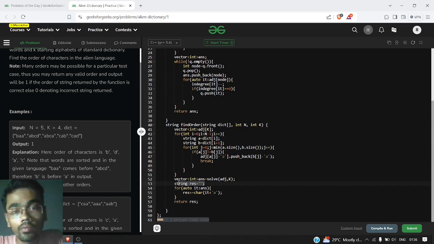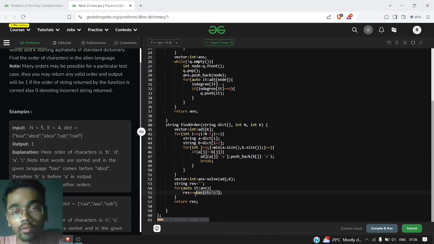So we can create a string result which will give us the order, like the dictionary order of the alphabets. We can iterate over this vector of int answer, and each integer we will convert into the corresponding character. For that we can write something like this: character of it plus a.